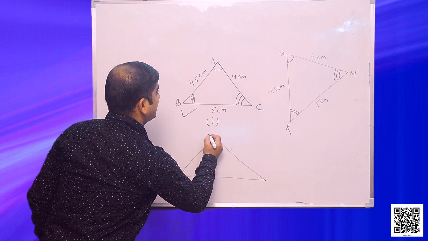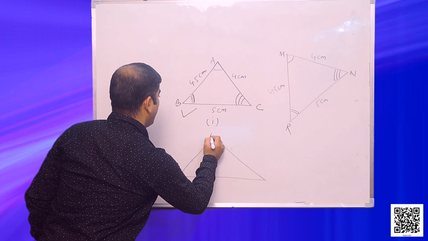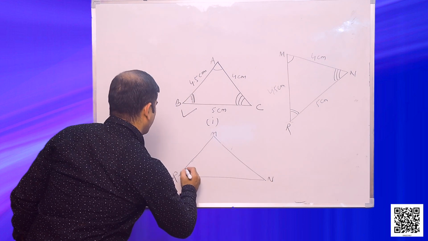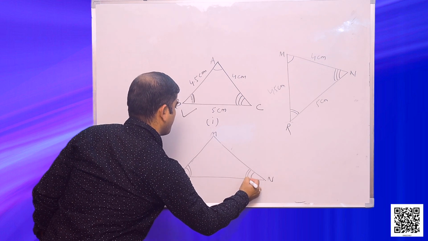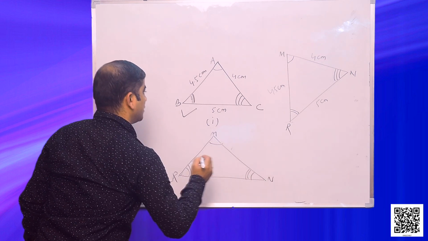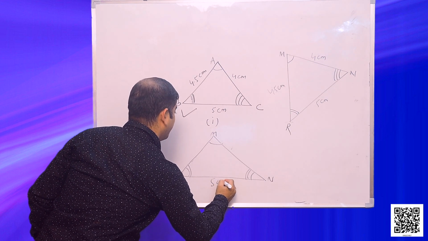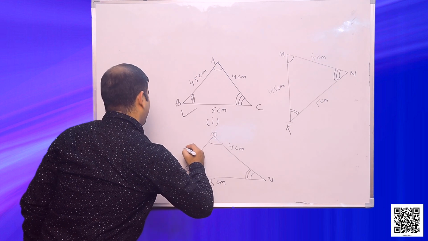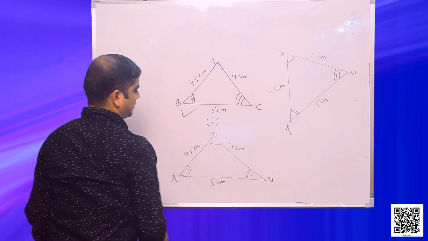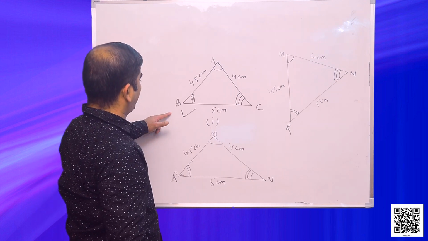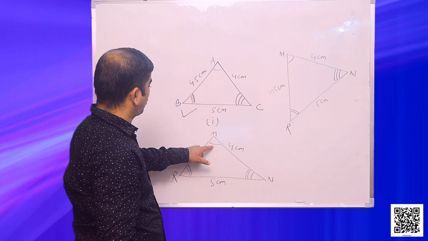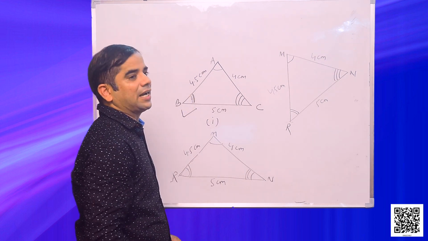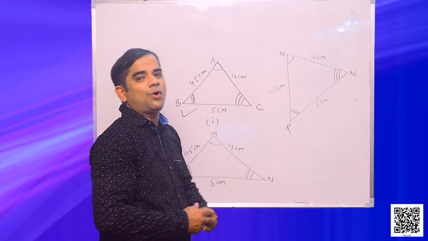So this is your M, N and R. RN is 5 centimeter, MN is 4 centimeter and RM is 4.5 centimeter. So you can clearly observe that the corresponding sides and the corresponding angles are equal to each other. That means these two triangles are also congruent to each other.